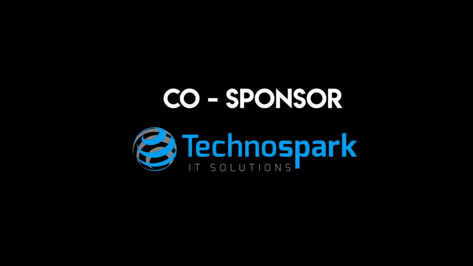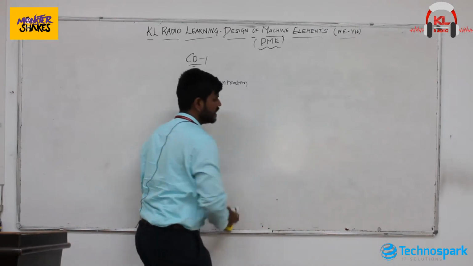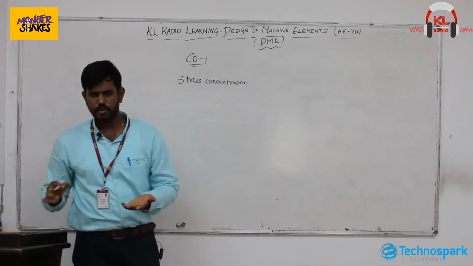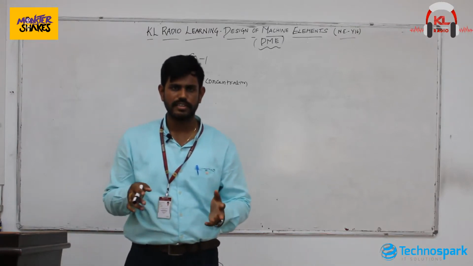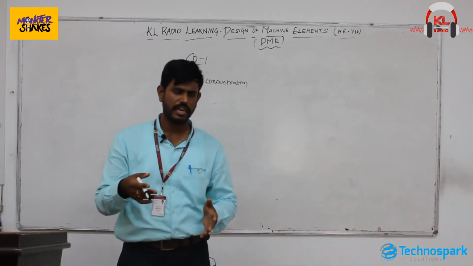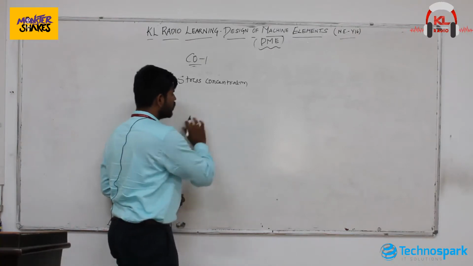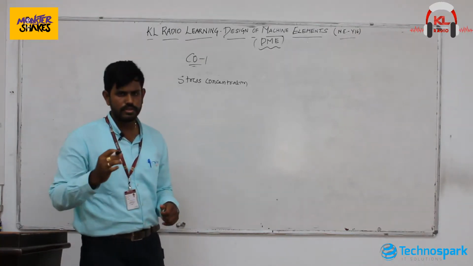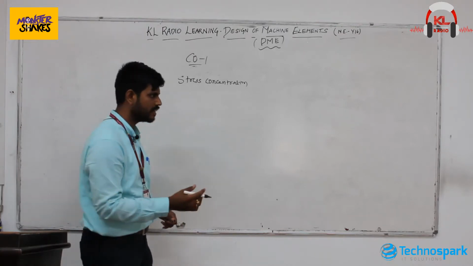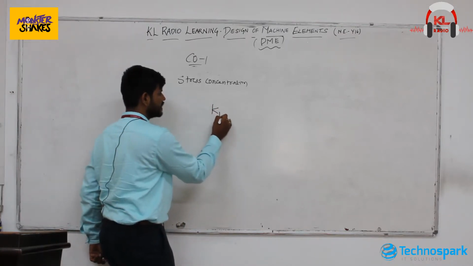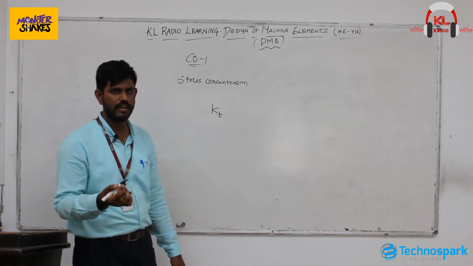Now the normal stress calculated using the formulas will not give a suitable solution or a safe dimension for stress concentration. So for that you have to use a special factor called the stress concentration factor, which is represented as K suffix t, which indicates the theoretical stress concentration factor.